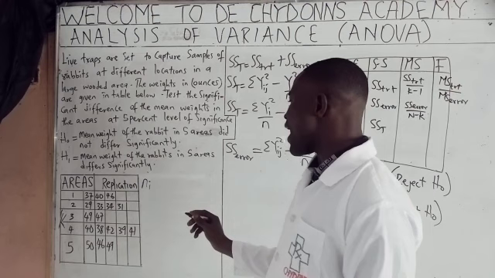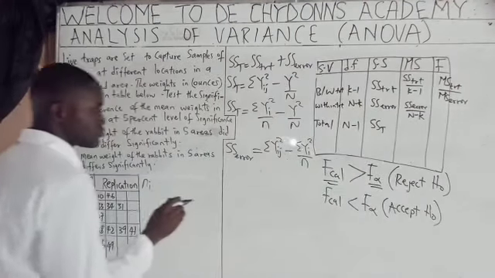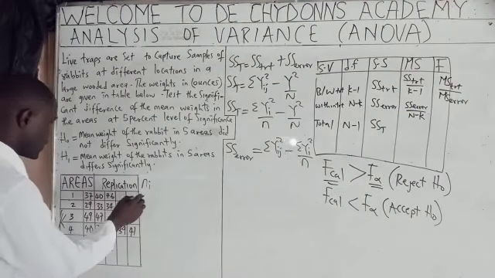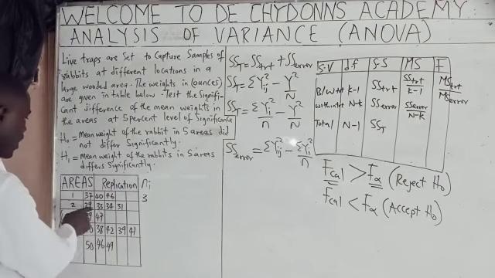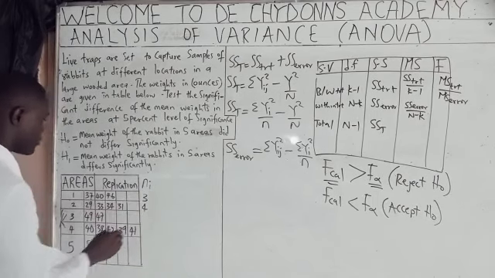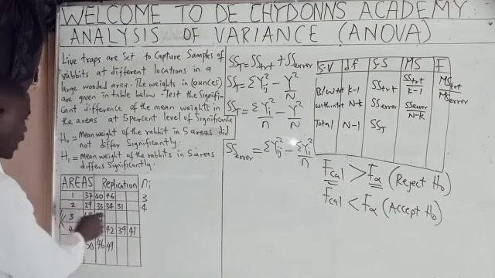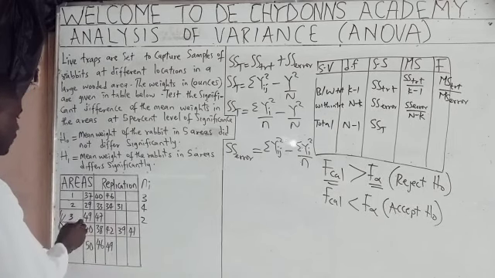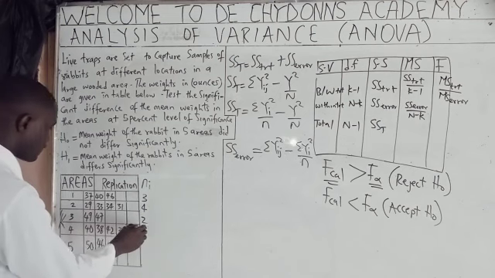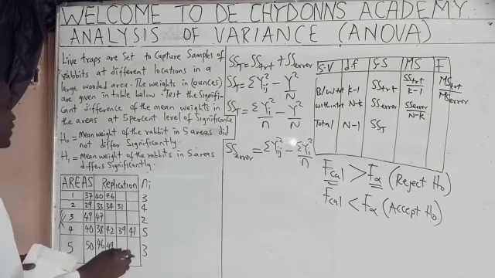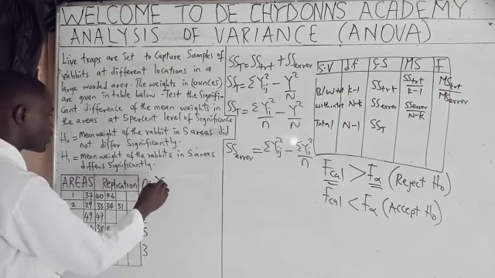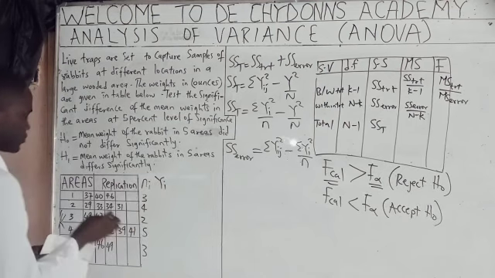First value of ni will be 3. Then the next value 4. The next value 2. The next value 5. The next value 3.